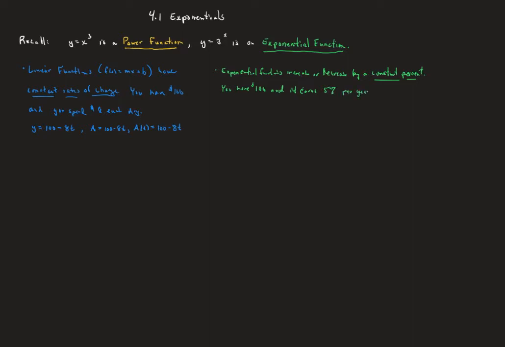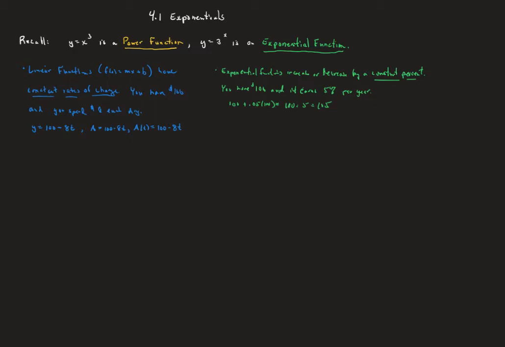So I'll walk you through a little bit how it goes mathematically. You start with 100, and after the first year, you're going to get 5% of that $100. That's 0.05 times 100, which is 5. So you have $105 at the end of that first year.